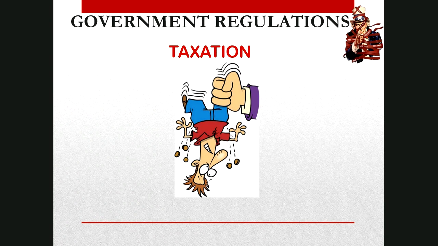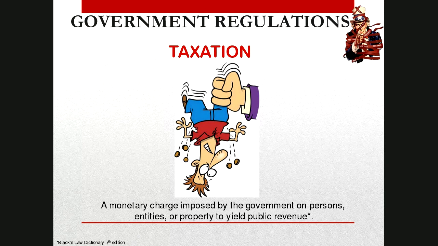Well, most of us should know this, right? Because we get taxed all the time by our government. So tax is a monetary charge that's imposed by the government on people or entities, and that's how they make money, right? That's how the public government makes its revenue.